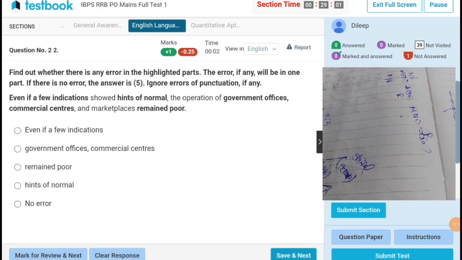Even if a few indications showed hints of normal, the operation of government offices and commercial centers remained poor.